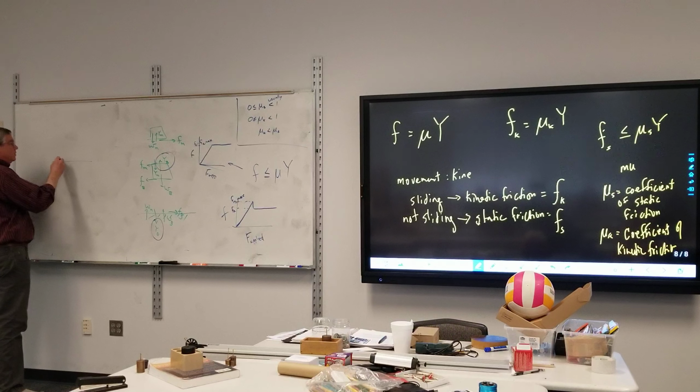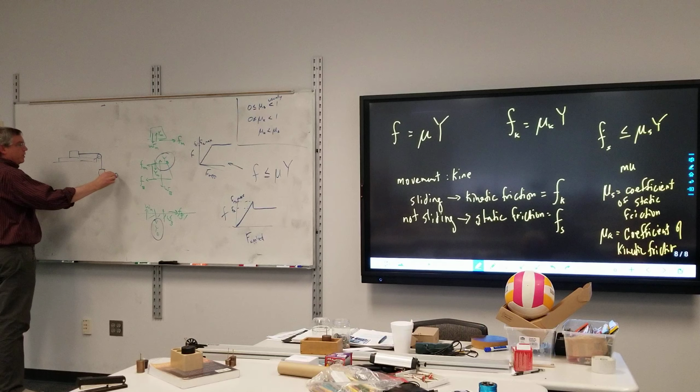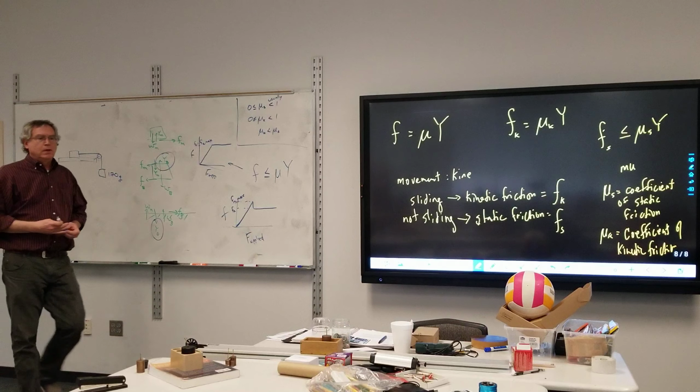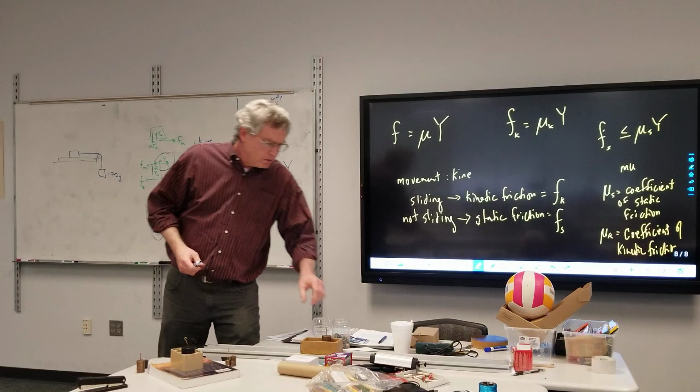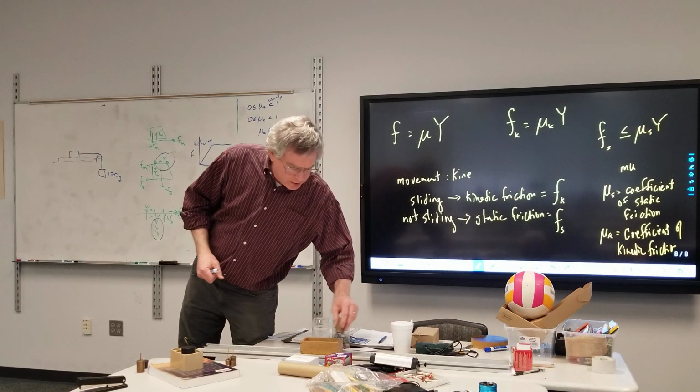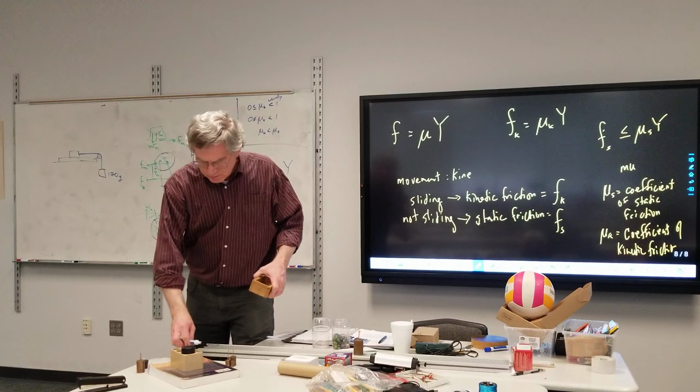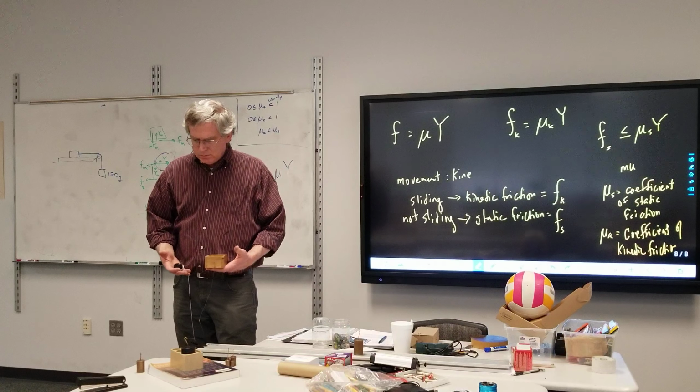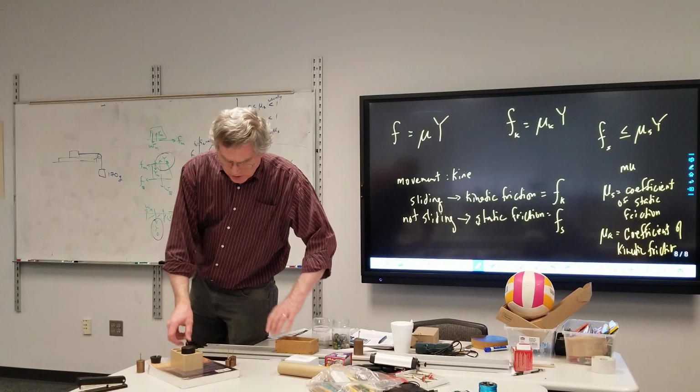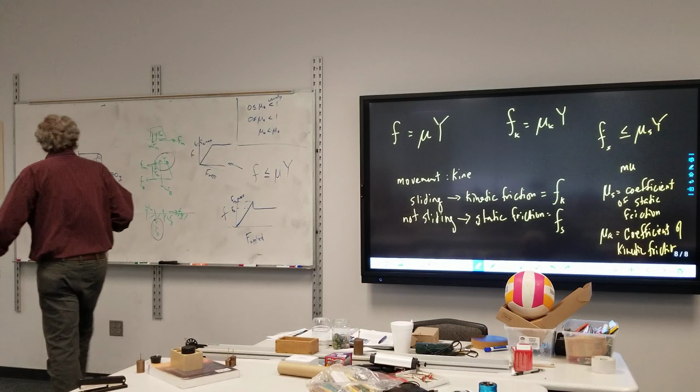So I got my cable, got my track, got the pulley, I have my sliding box, and this is about 170 grams. I have 500 grams there, and the box, I'm gonna say is about 60 grams.